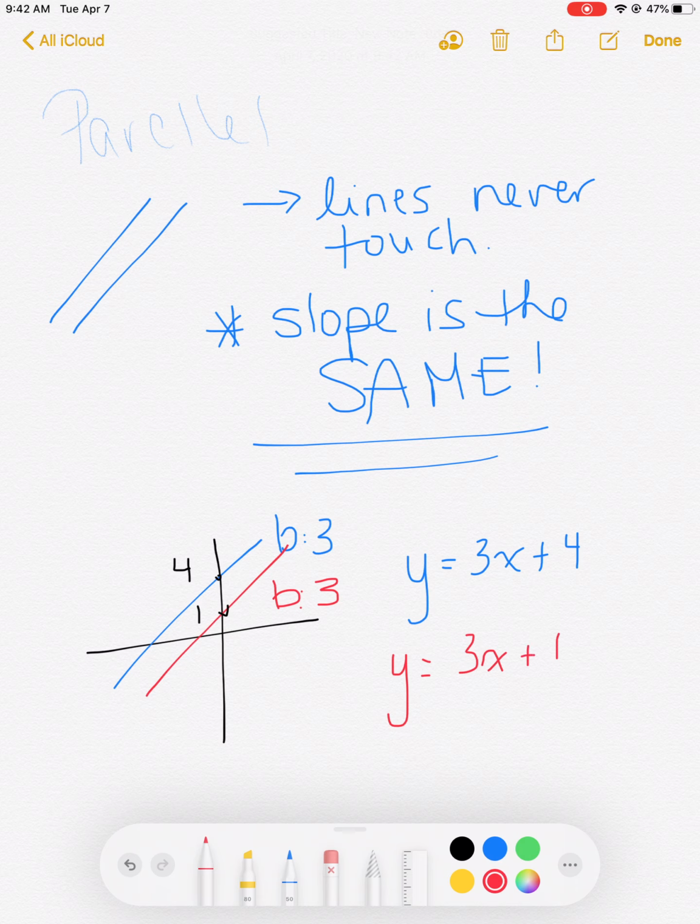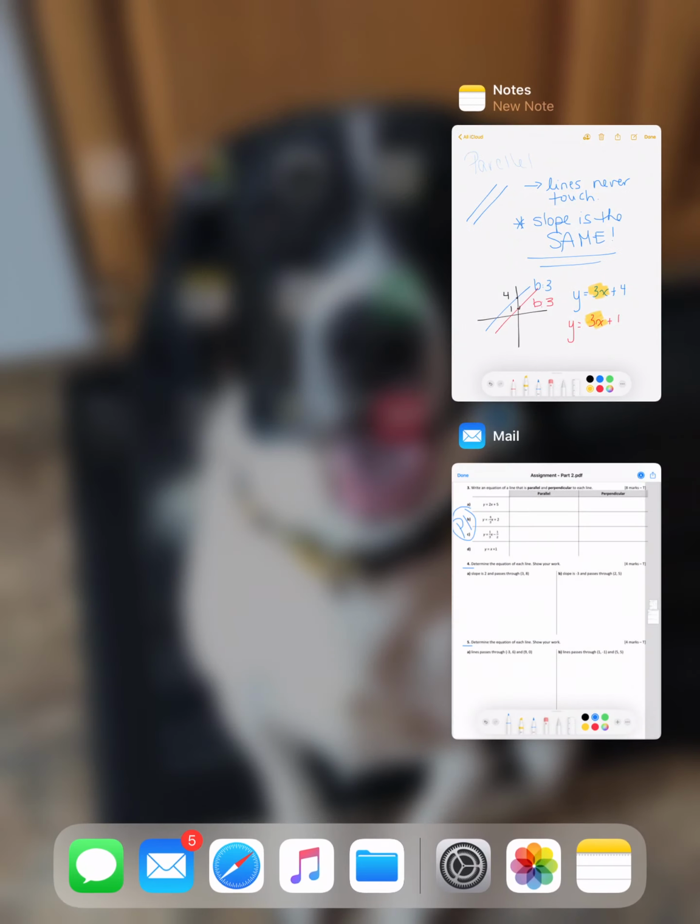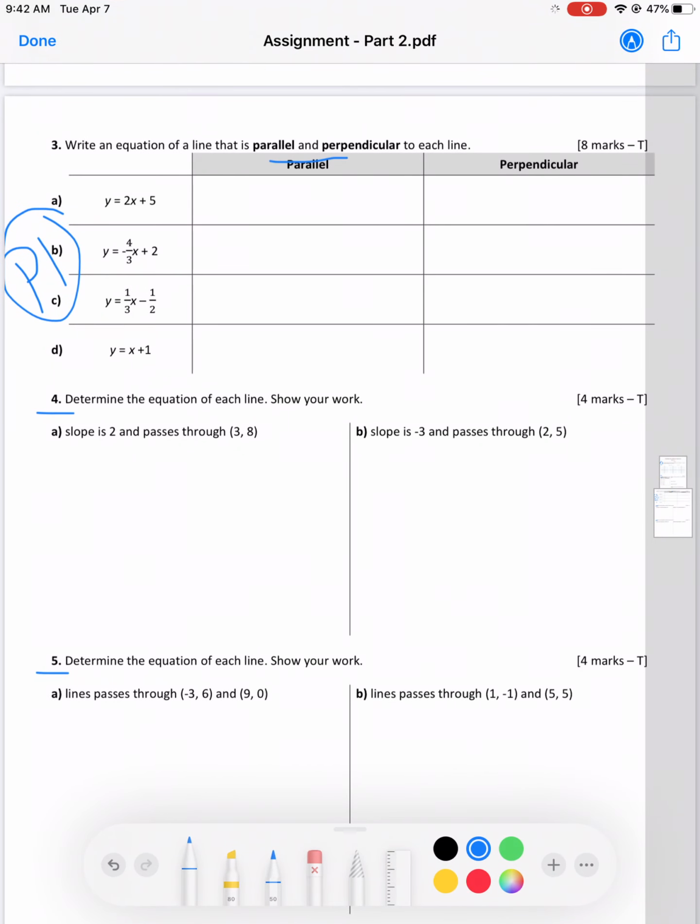Now, if you're not remembering this, you're going to have to review your stuff. So you just have to make sure that the slopes are the same, okay? And that will help you answer my parallel questions.